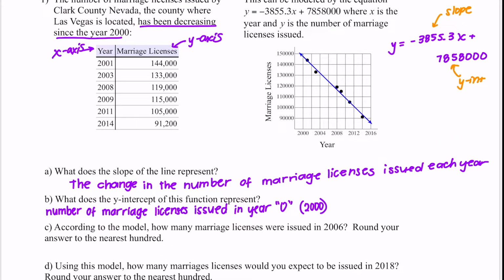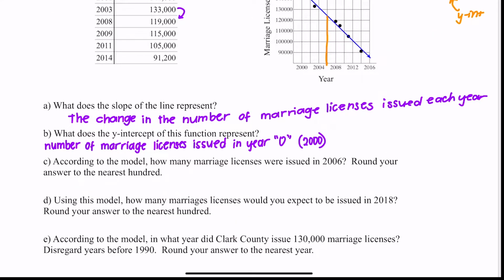All right, so according to the model, let's forecast how many marriage licenses were issued in 2006. Round your answer to the nearest 100. If we just draw a line up to the graph at 2006, we can see that it falls on the line somewhere.